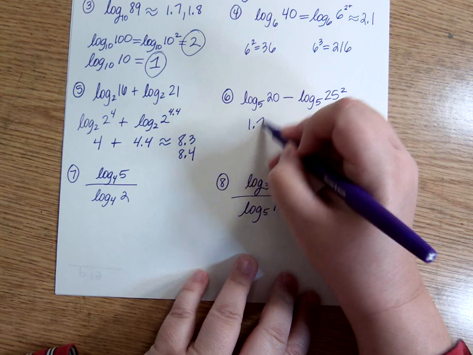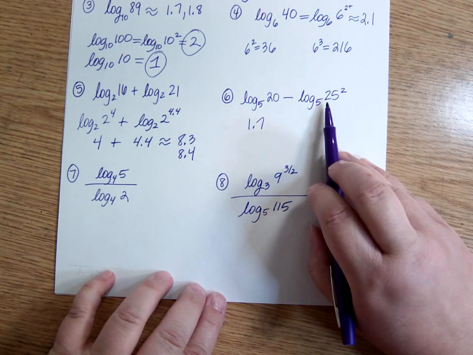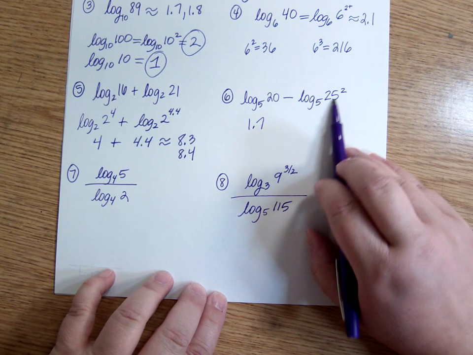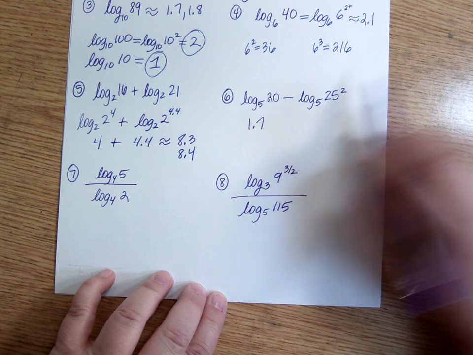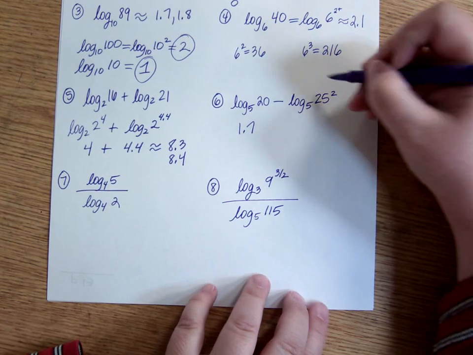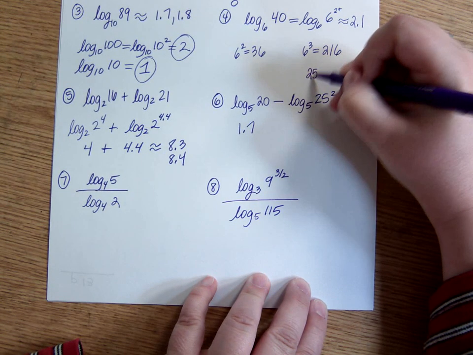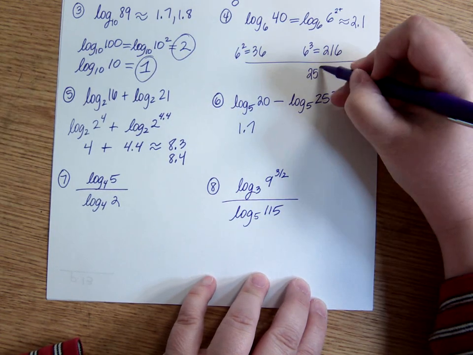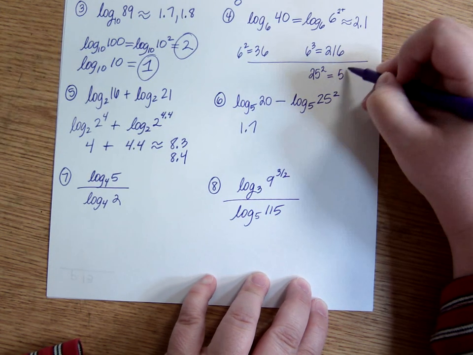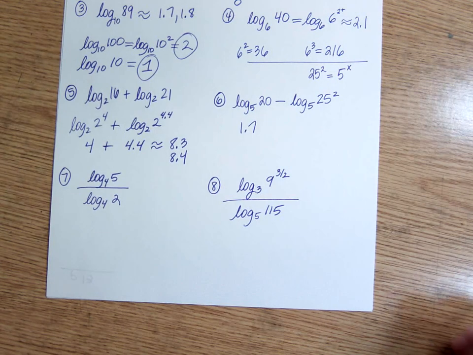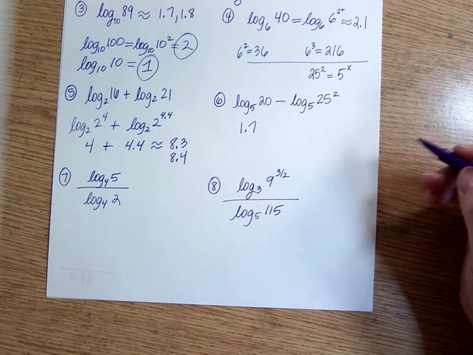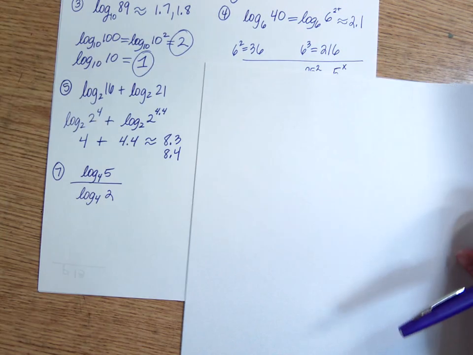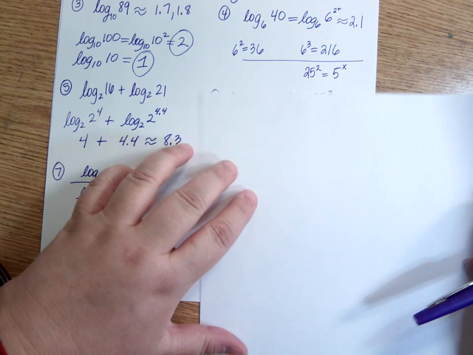Okay, this one I need to think about because 25 can be written as a power of 5, but then we've got an exponent on it too. So I'm going to have to think about how I can take this, 25 squared, as a power of just the 5. Excuse me, give myself a little bit more space here.